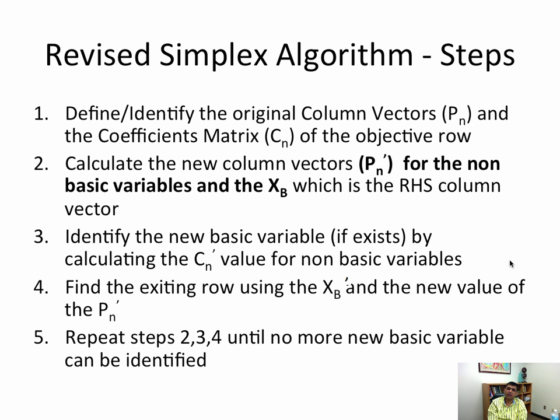And then we find the value of XB prime, and we select the pivot column from the most negative value of Pn's of non-basics, and we identify the exiting row or exiting variable using the ratio of XB prime to the selected Pn prime. And this method goes on until we have no new basic variables, which means all the values of the Cn primes are positive.